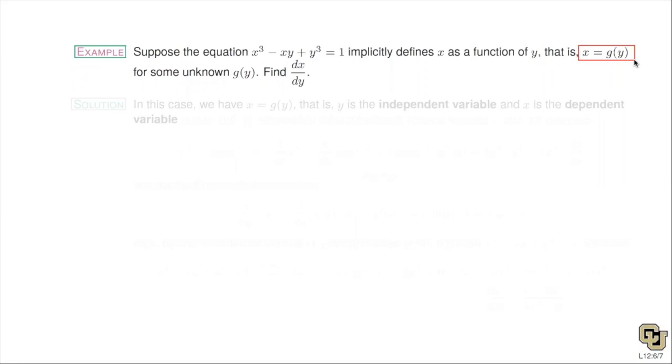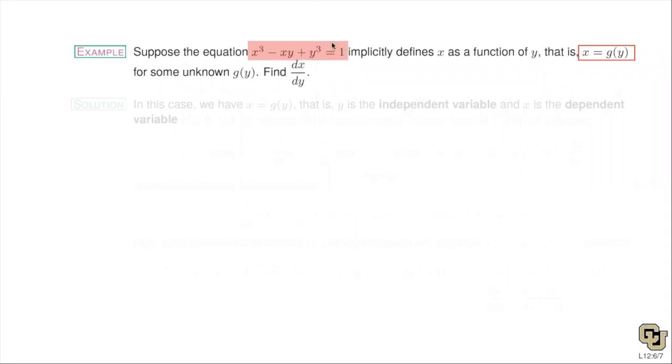That is, x is a function of y, which means y is the independent variable. It's the input variable, and x is the output. And here we don't know the formula for x explicitly. We're just given this implicit definition that the function x, which is g of y, satisfies this equation.